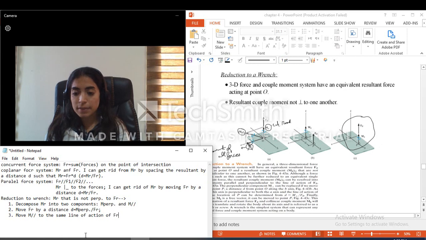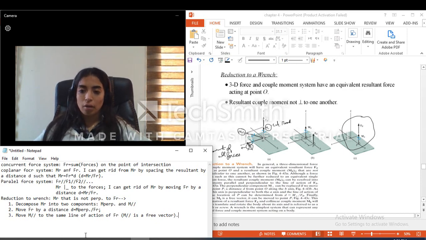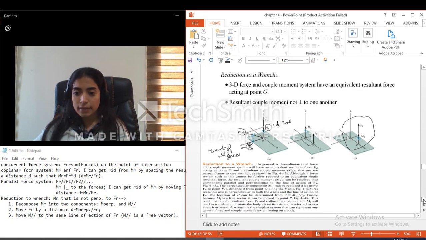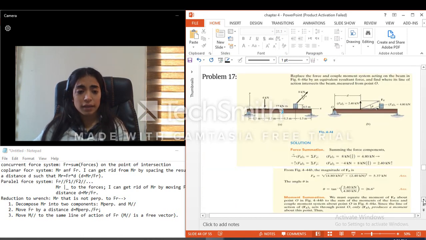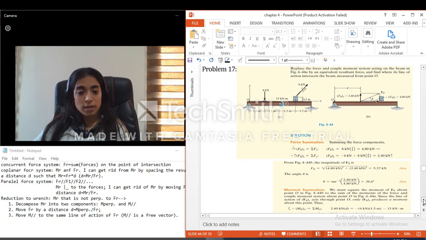So these are the steps, and don't forget this is because M parallel is a free vector achieved by a couple of forces. Okay, so this is the end of all the cases in the case of the simplification. Now in the following video we'll be solving this problem, and now guys I want you to practice, because I can tell you that you will, 100% sure, have a problem on this part.